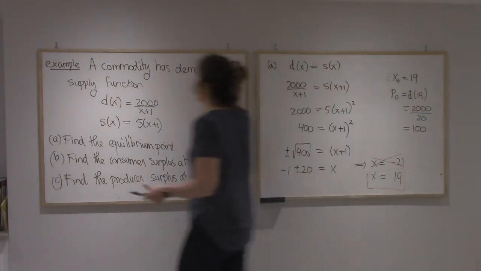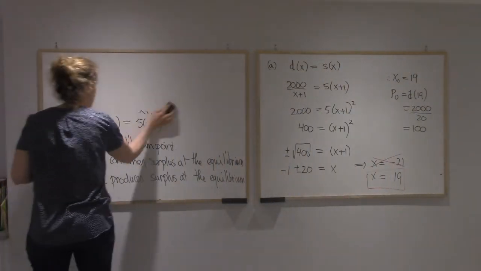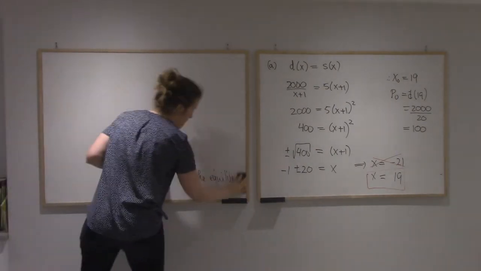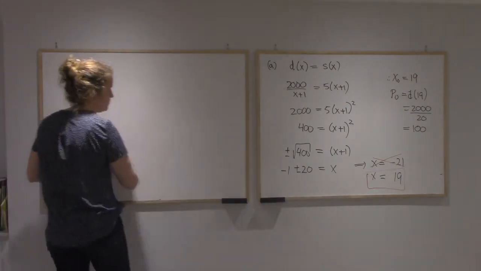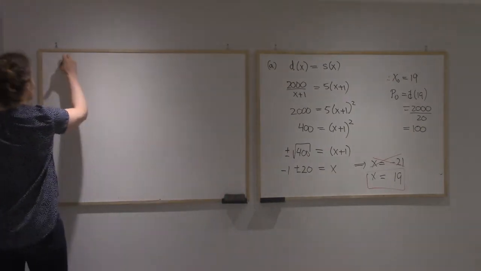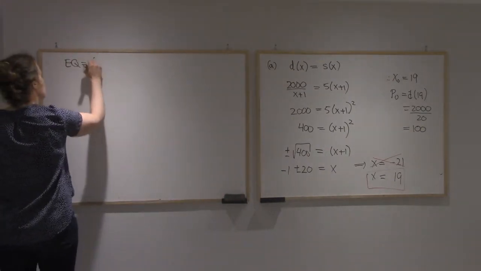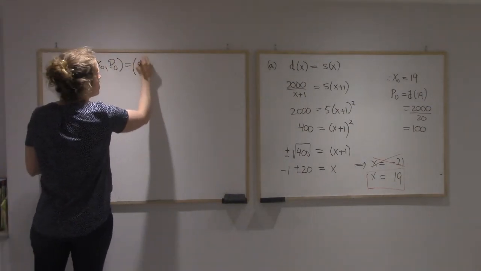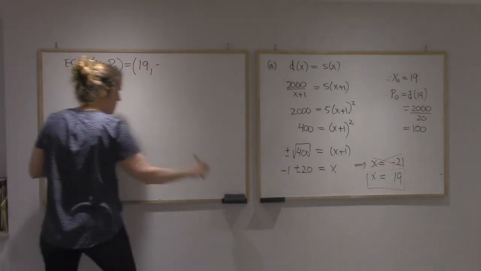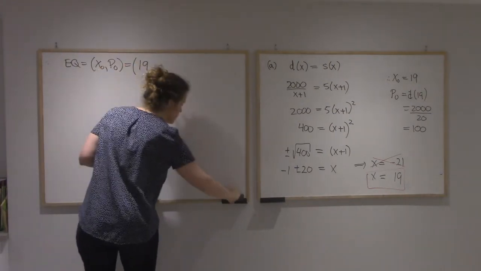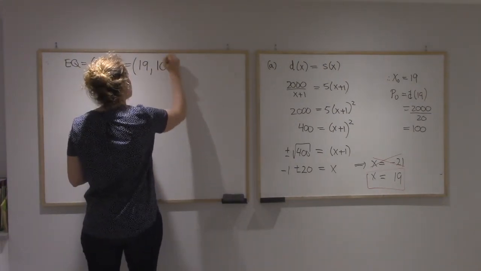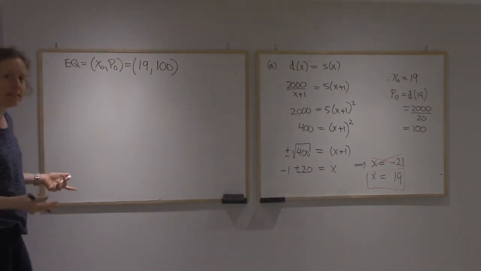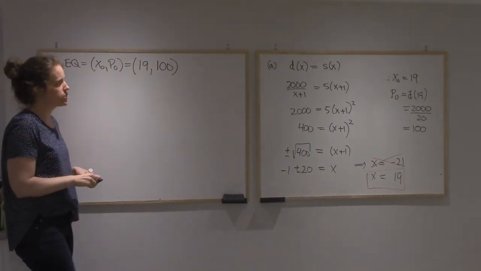And so the equilibrium is 19, 100. So 19 units at a price of $100.